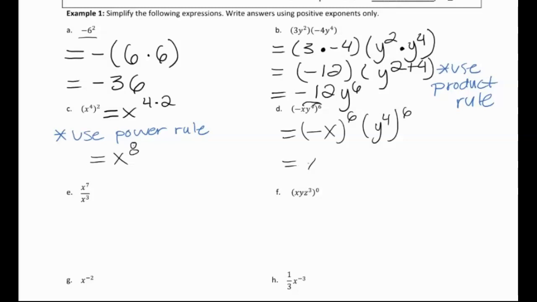Now this is going to be x to the sixth power times y, 4 times 6, 24. And over here, we used the power of a product rule.